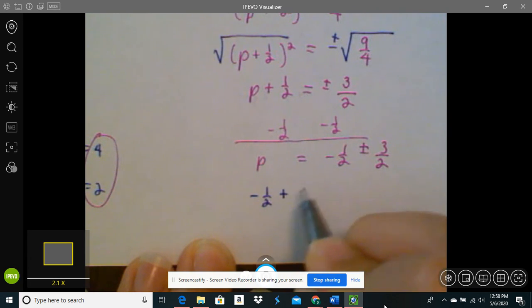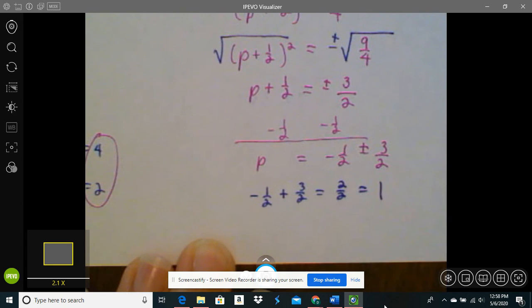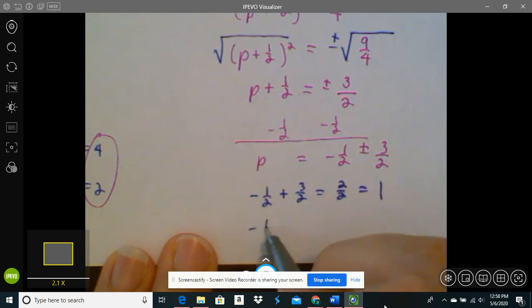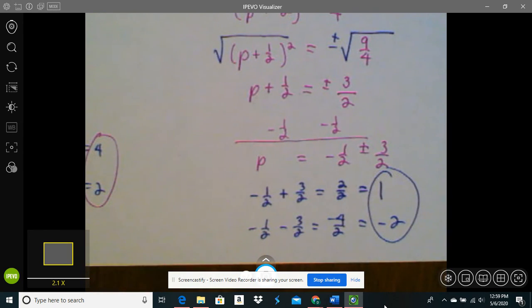Negative 1/2 plus 3/2 is 2/2, which is 1. Of course, you can always use your calculator too. Negative 1/2 minus 3/2 is negative 4/2, which is negative 2. Boom. There it is. Okay? Have a good one.